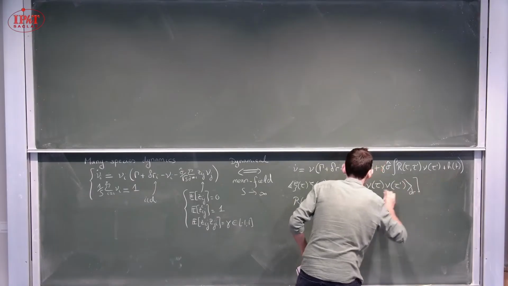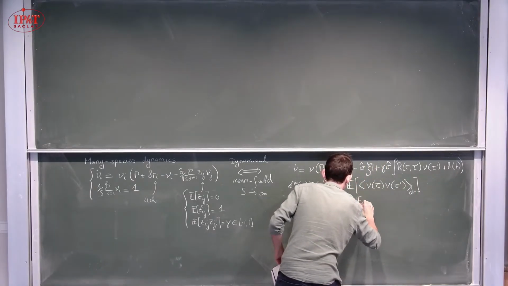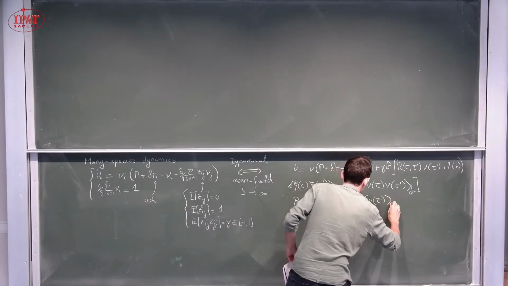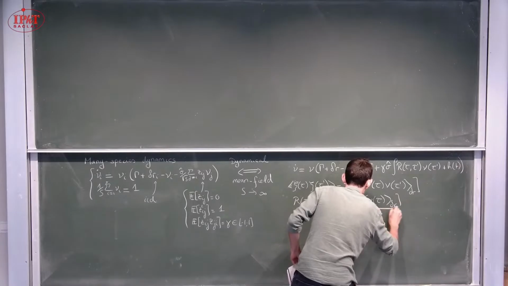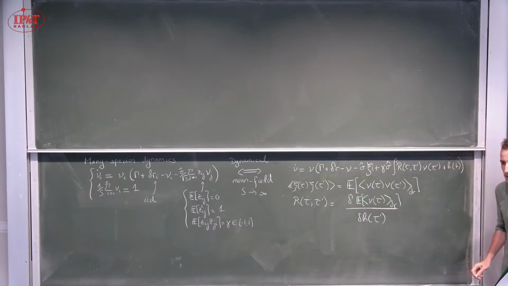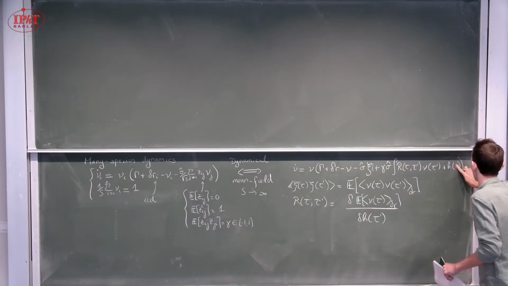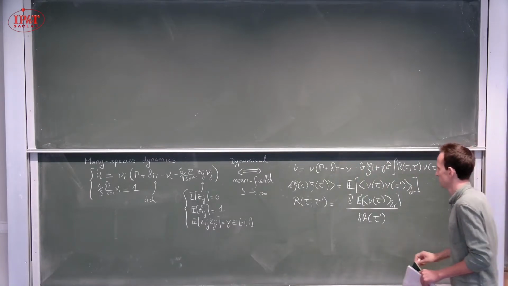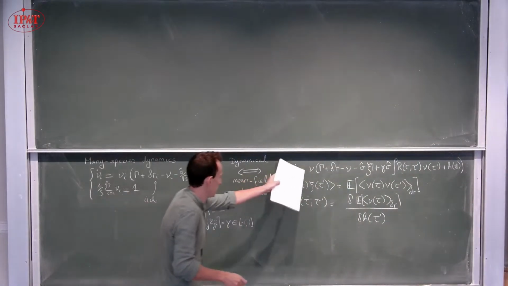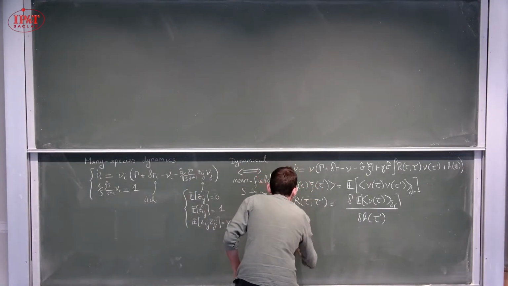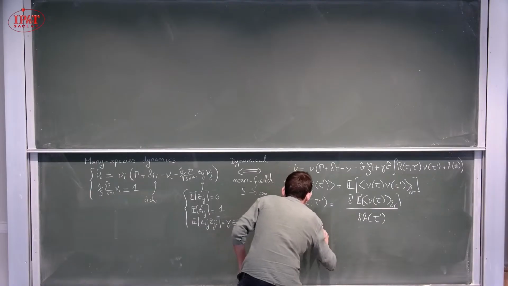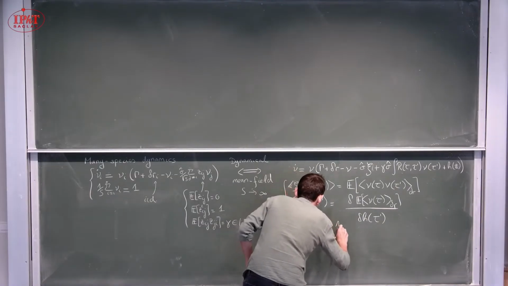So this is a perturbing field. It's a response function of the average to a perturbation. And this enforces the fact that the average of nu is equal to 1, and this is enforced by gamma.